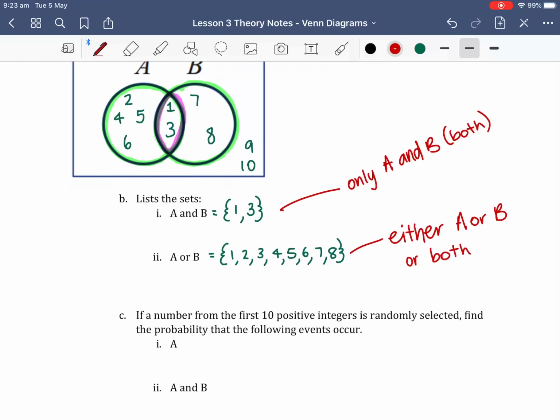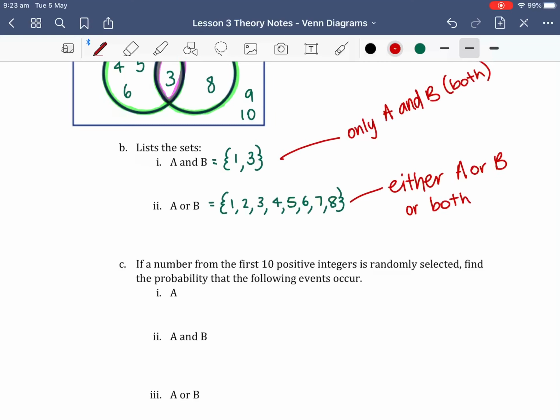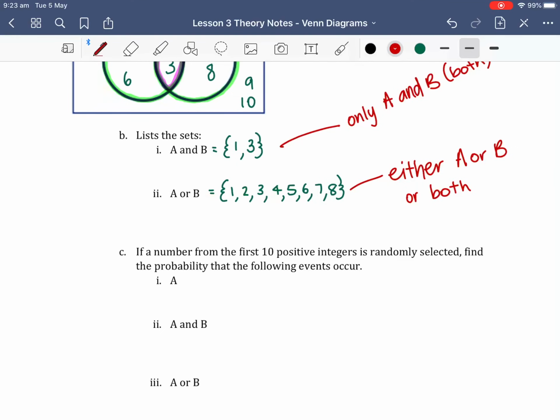Okay, now if a number from the first 10 positive integers is randomly selected, we want to find the probability that the following events occur, starting with A. So we want to find the probability of A. To find the probability of A, we need to work out how many numbers are in A, and then put that over our total number.